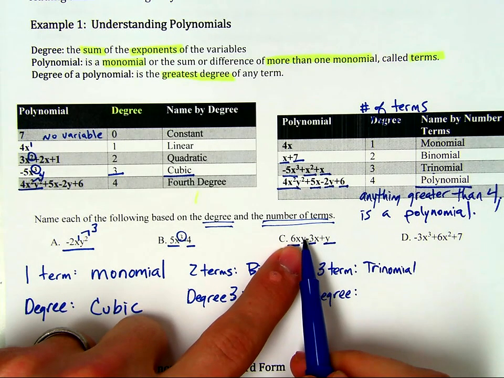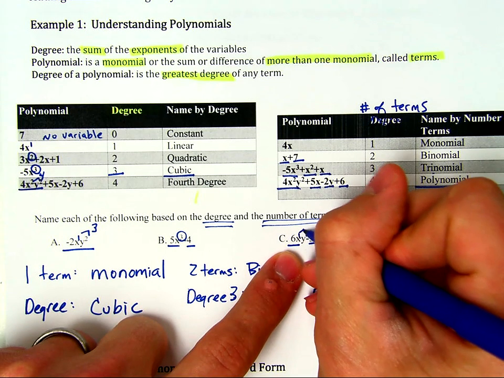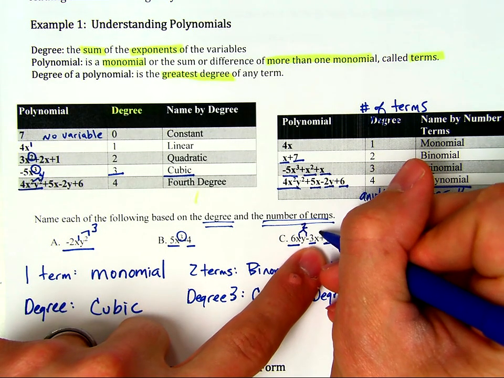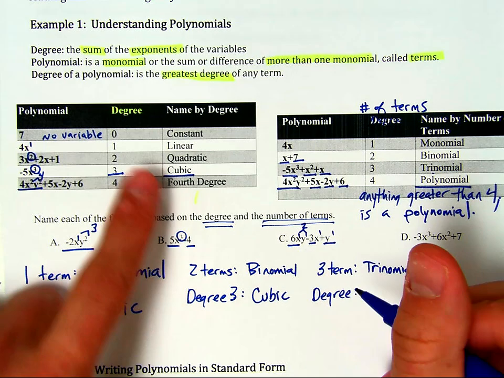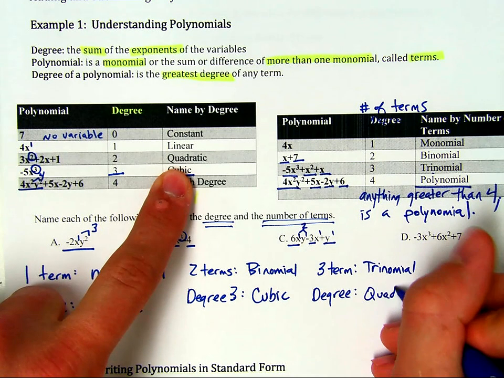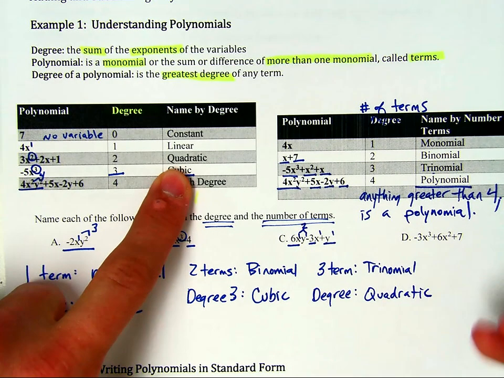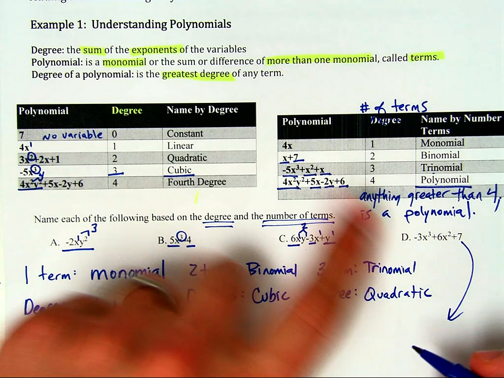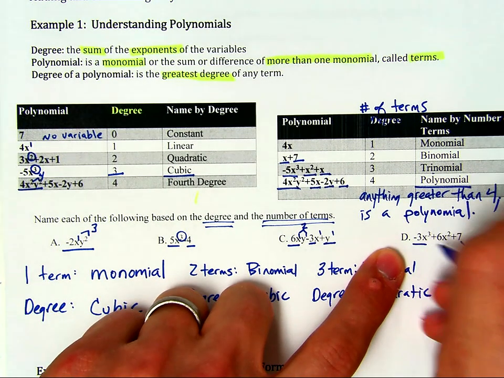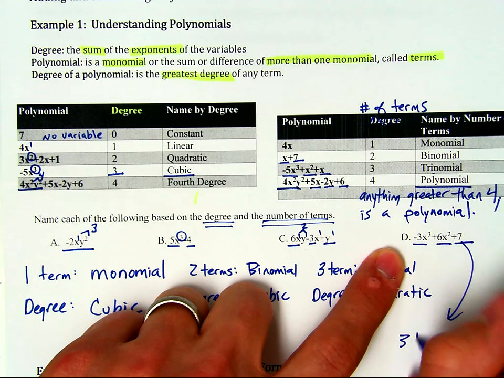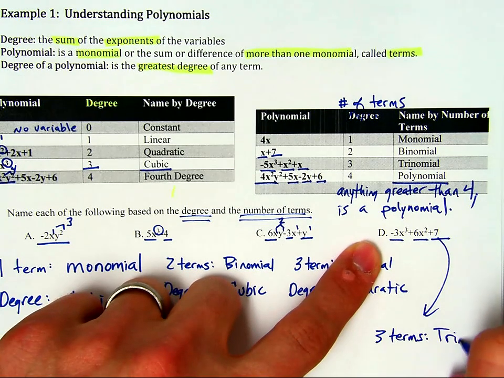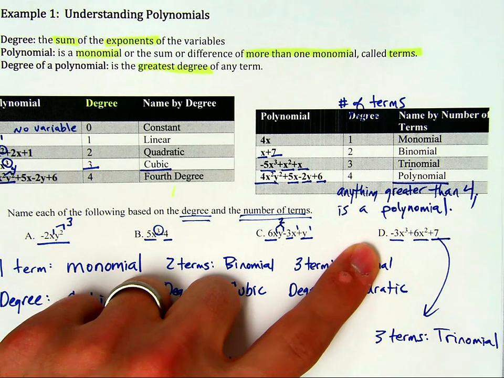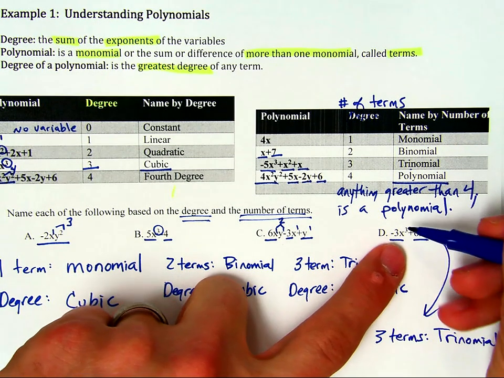And the degree this time, out of each of the terms, the x and the y, we have 1, 2. This has a degree of 1. This has a degree of 1. So degree 2, we call it a quadratic. And the last one, we have 1, 2, 3 terms. So it is a trinomial.